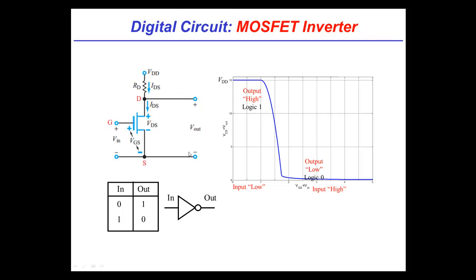So anytime the output has a value of VDD, or something very close to it, I'm going to assume that the next circuit past me understands that as a logic 1. We're building digital circuits. And if I have a very low voltage either in or out that's close to ground, in other words, the voltage difference at Vout between plus and minus, or at Vin between plus and minus, is very small, close to 0, we will assume that the system understands it as a logic 0.